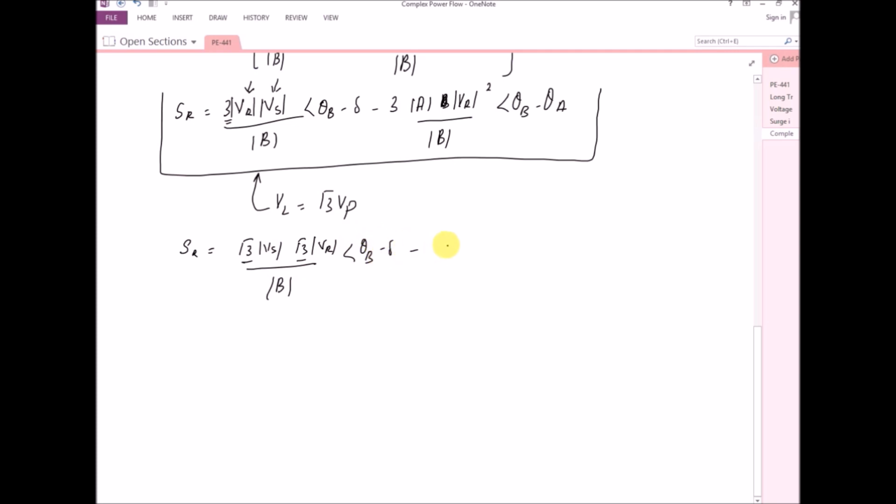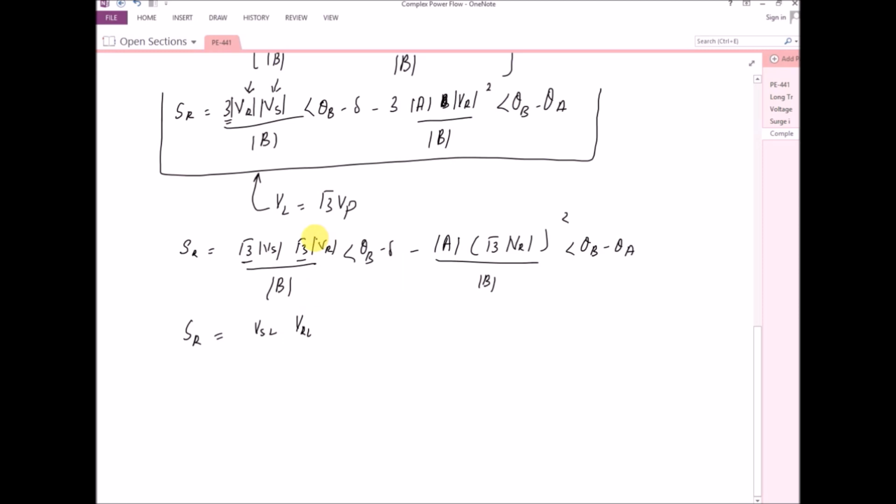And after using the same under root 3 value for the receiving end voltage, it will become angle theta B minus theta A. And the final equation for the receiving end power will become VSL, where this L represents the line voltage, and VRL.